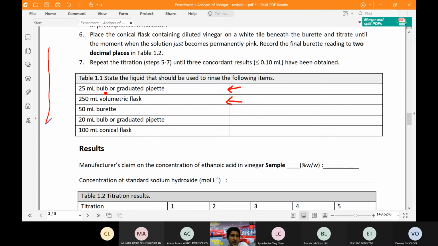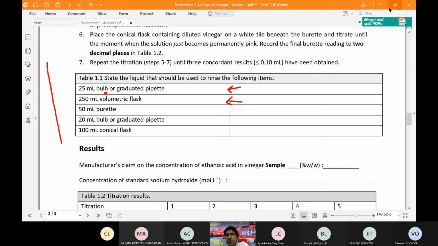This is a graduated pipette. How do I draw a straight line? Okay, let's consider this a straight line. This is what it looks like.